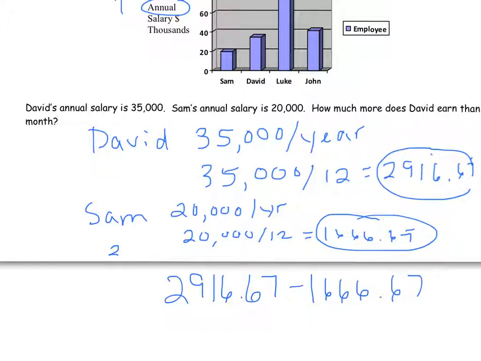And when I do that, I get a difference of $1,250. So each month, David makes $1,250 more than Sam does.